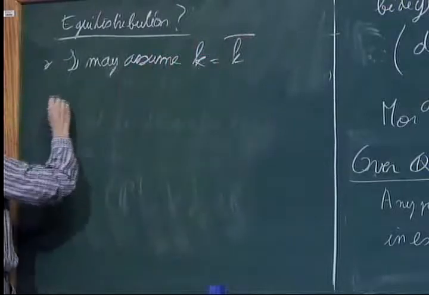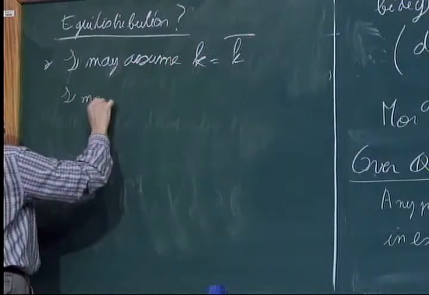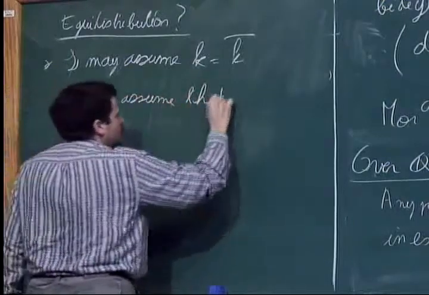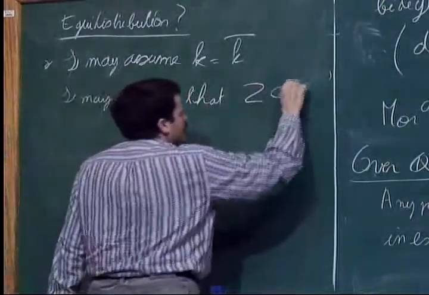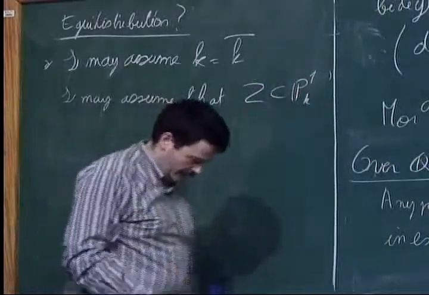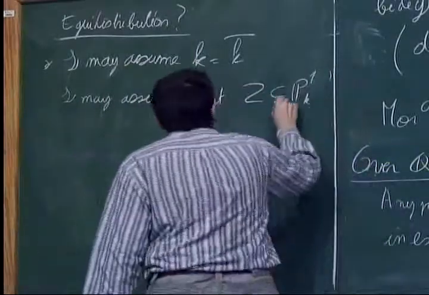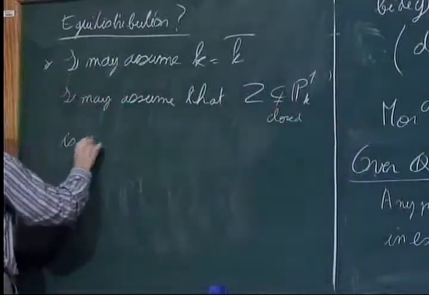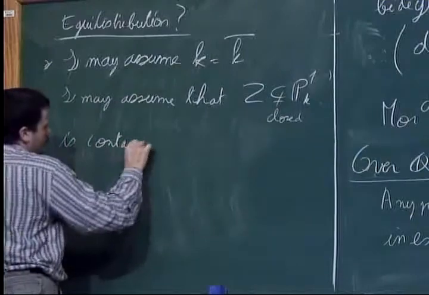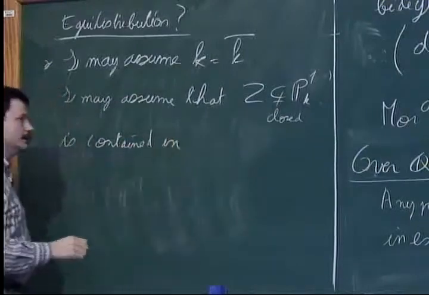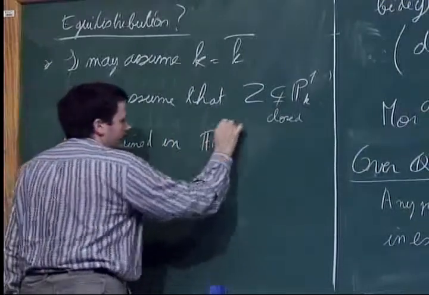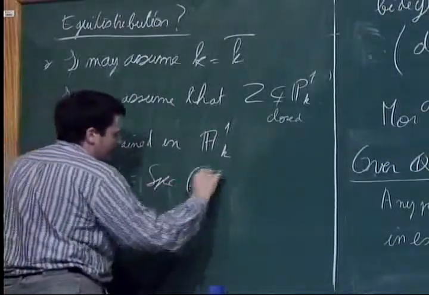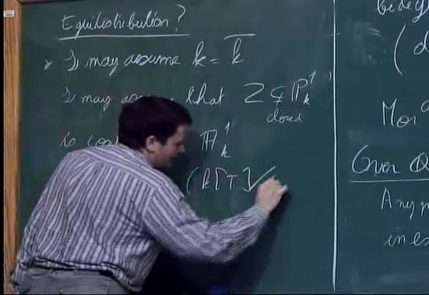And I may assume that Z, which is a closed subscheme in P1 of K, is contained in the affine line. So, in fact, that Z is the spectrum of K[T] over some polynomial P.